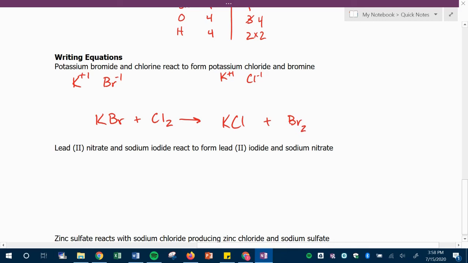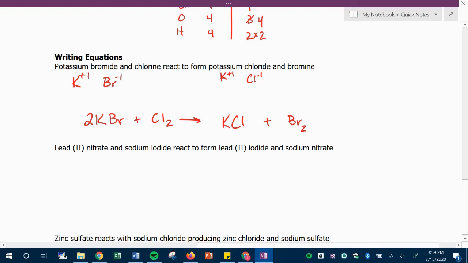So now that we have our reaction written, let's go through, because we can't skip the balancing step. And so as we're balancing, potassiums are balanced. Bromines, we have 1 as a reactant, 2 as products. So, okay, well, let's add a 2 there. Then let's check chlorines next.